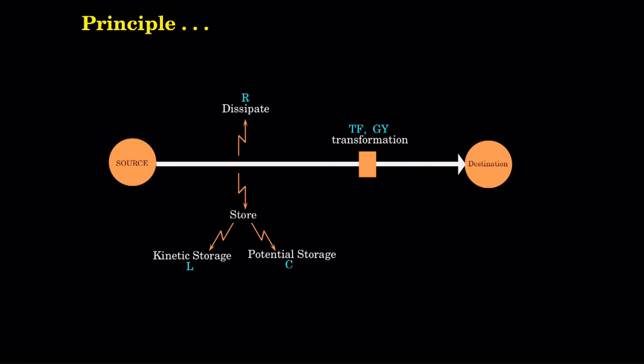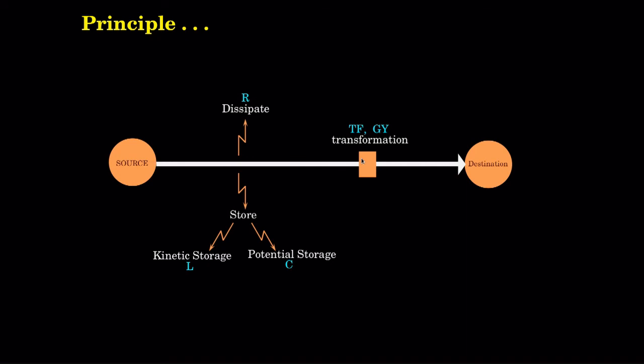A mechanical engineer will use symbols which he is comfortable with, but for us we are more familiar with electrical ones. For dissipation we will use R. For kinetic storage, half Li square, L is what we will use. Potential storage C, half CV square. In each of the other domains it will mean inertia, compliance, all those things, but anybody can convert it accordingly.